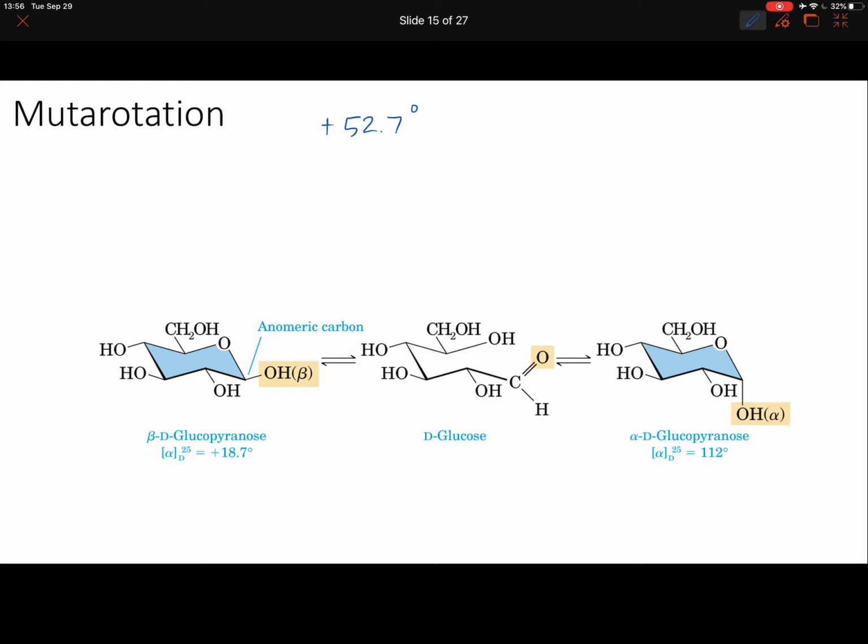This is light being passed through the sample, okay? And it corresponds to a 64% beta form and a 36% alpha form.